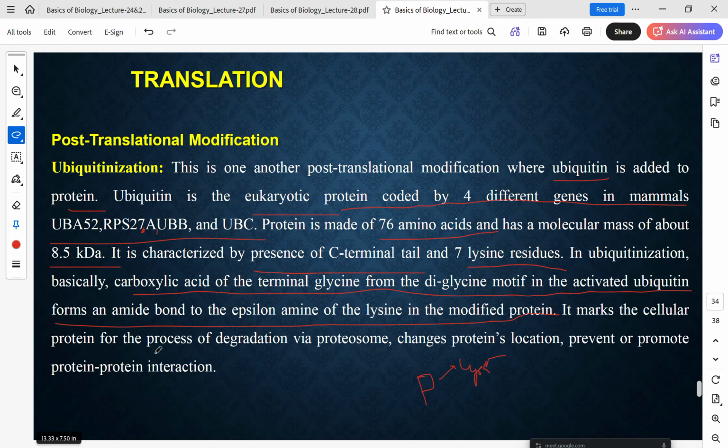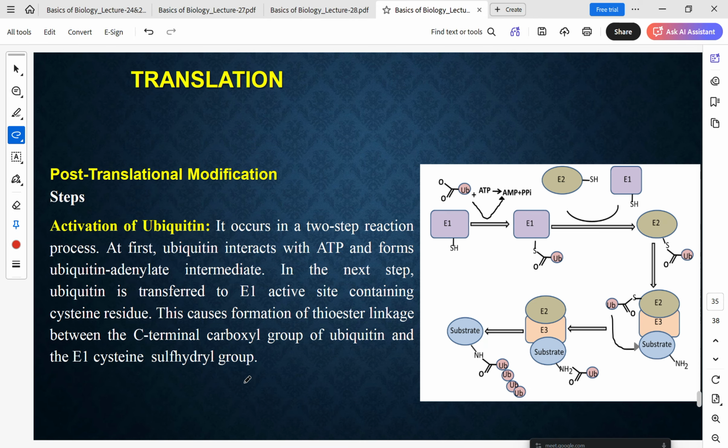In a lot of cases, the cellular protein, if ubiquitinated, undergoes degradation by proteasome. So ubiquitination is a signal for the proteasomal machinery to degrade the protein. It can be responsible for change in the location of the protein from one subcompartment in the cell to another, or it can mask certain interaction sites on the protein to prevent protein-protein interaction.